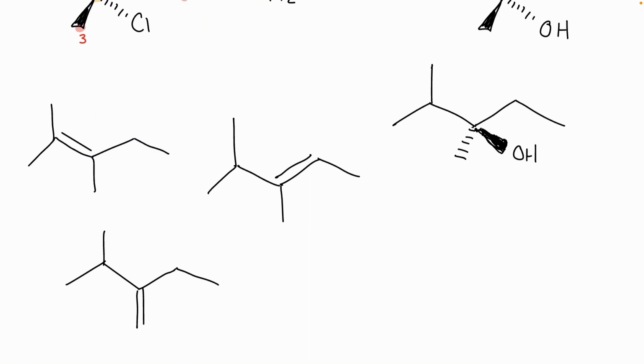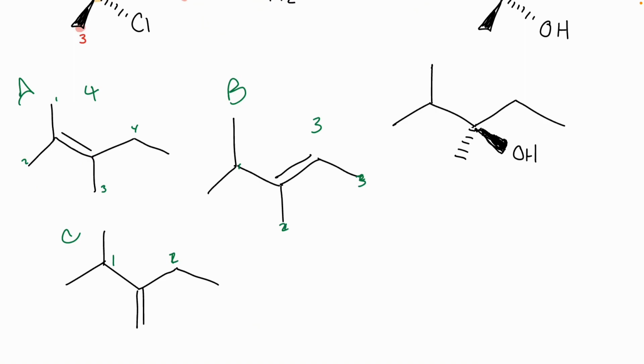All right, so A, B, or C, which one is going to be my elimination product here? A. And why A? Because it's got that more highly substituted double bond. This has 4 neighbors, 1, 2, 3, 4. This one's pretty highly substituted as well, but it only has 3, 1, 2, 3. And this one only has 1, 2.